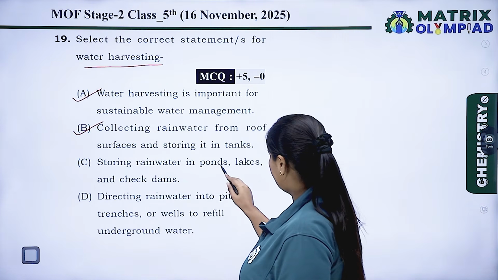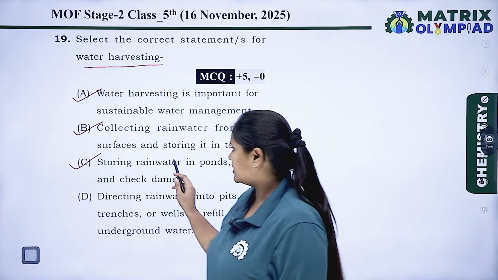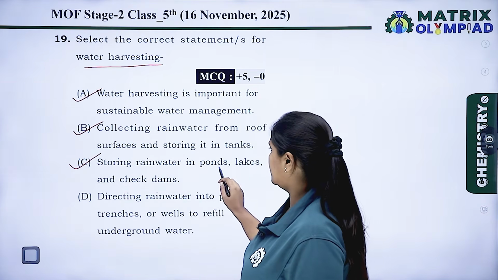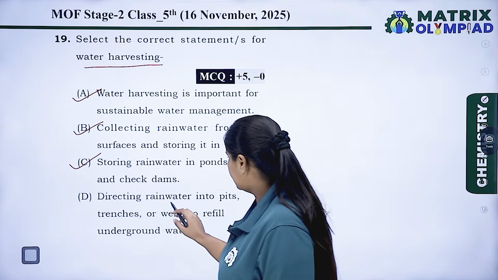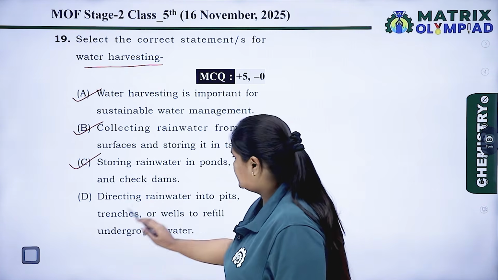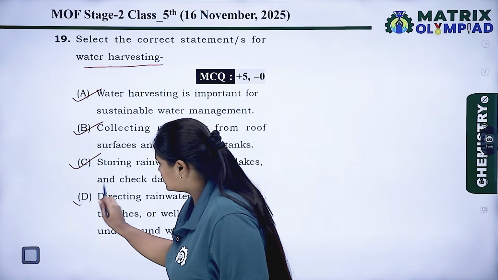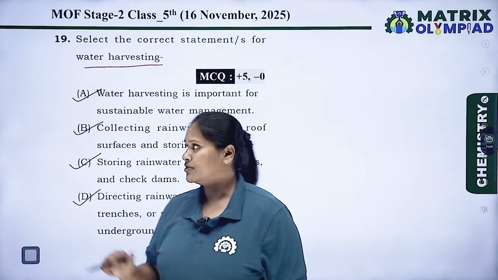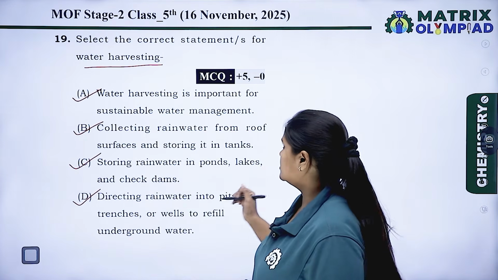Storing rainwater in ponds, lakes and check dams, right? For long-term purposes, we can collect and store rainwater in ponds, lakes and check dams. Another option, directing rainwater into pits, trenches and wells to refill underground water. Yes, this is also a right option. So A, B, C, D, all four options are right for this question.